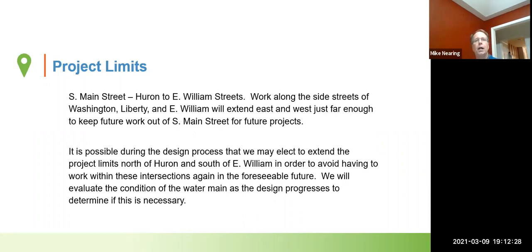So again, our limits are Main Street from Huron to William. As we work on the design, it may be necessary or prudent to extend those limits a little farther to the north and a little farther to the south in order to minimize the overall total amount of disruption to the South Main Street area of businesses and residents.